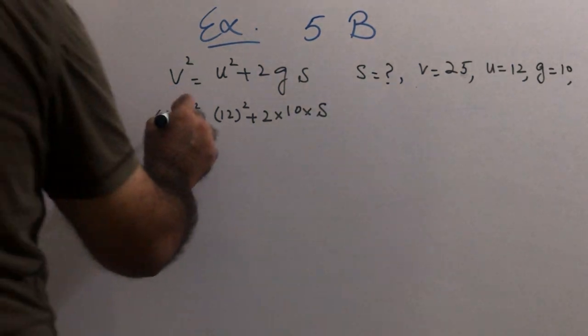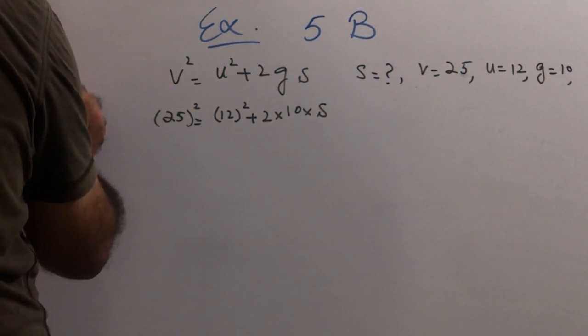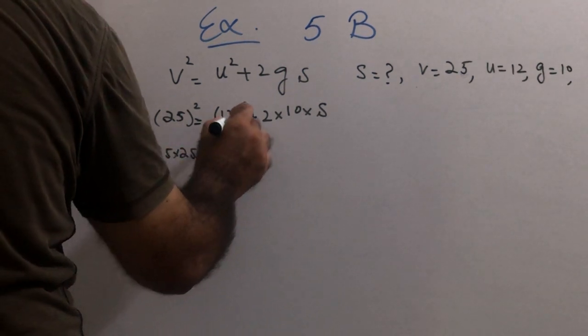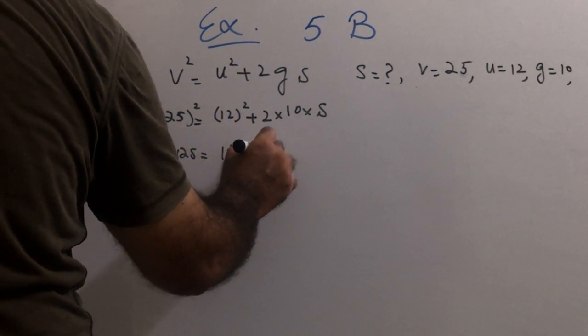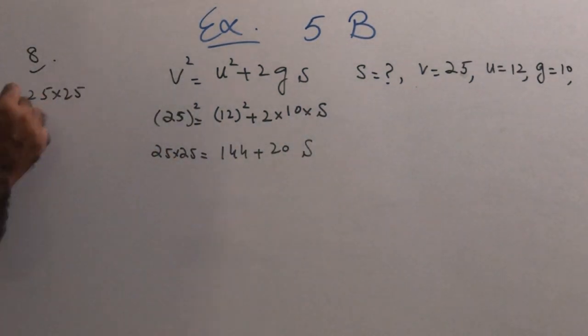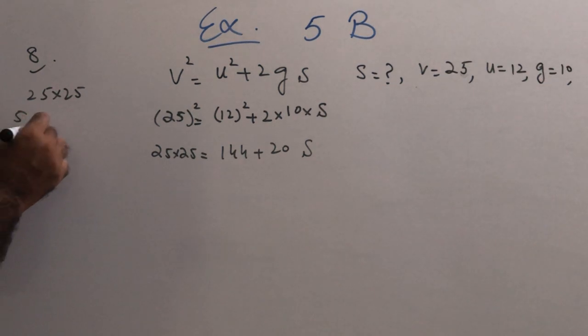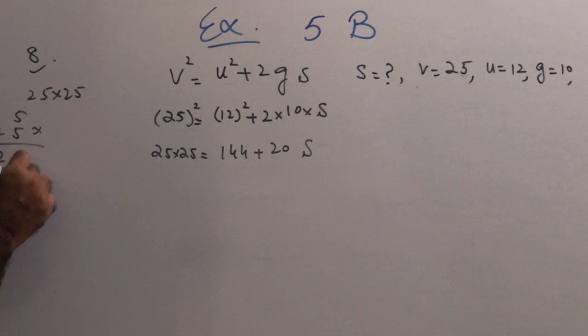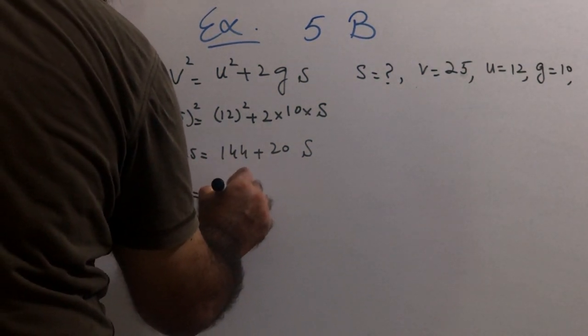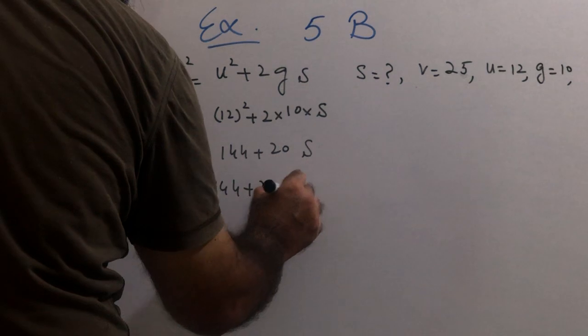Now how to do it: 25 square is 25 into 25, 12 square is 144, 10 2s are 20, s. 25 into 25, it becomes 125, becomes 50, 625. So we will place 625 here is equal to 144 plus 20s.